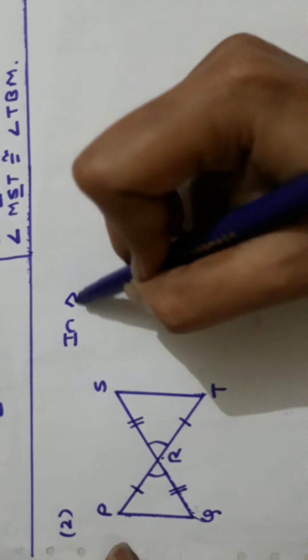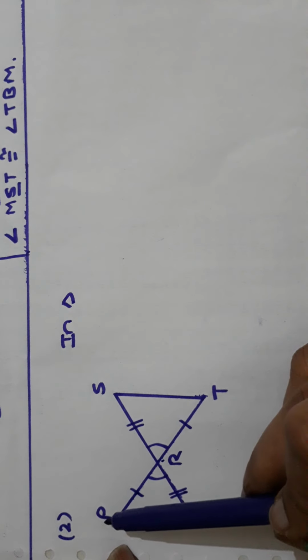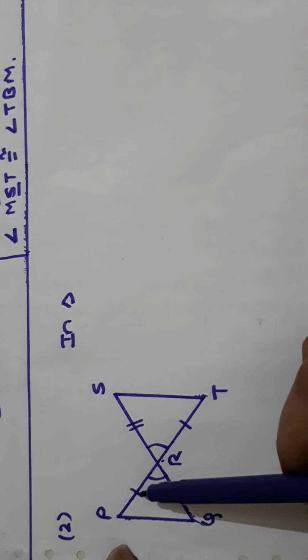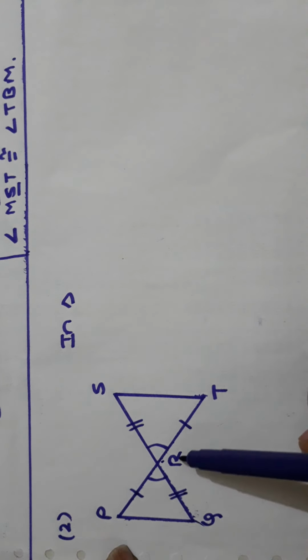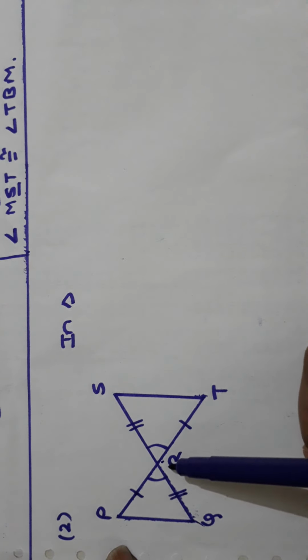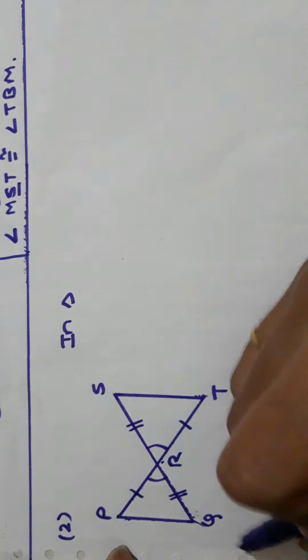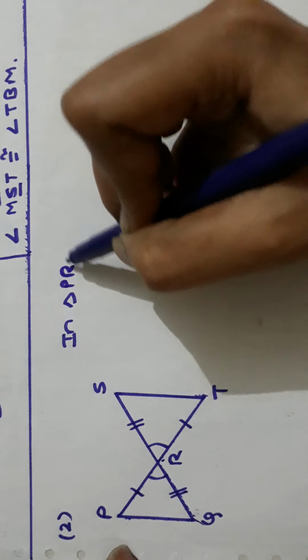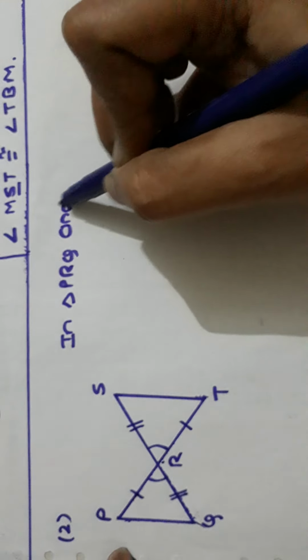So in triangle, I am starting at vertex P and then move from P to R, and the path is given by a single line. So P to R, then RQ, R to Q, PRQ, and triangle.